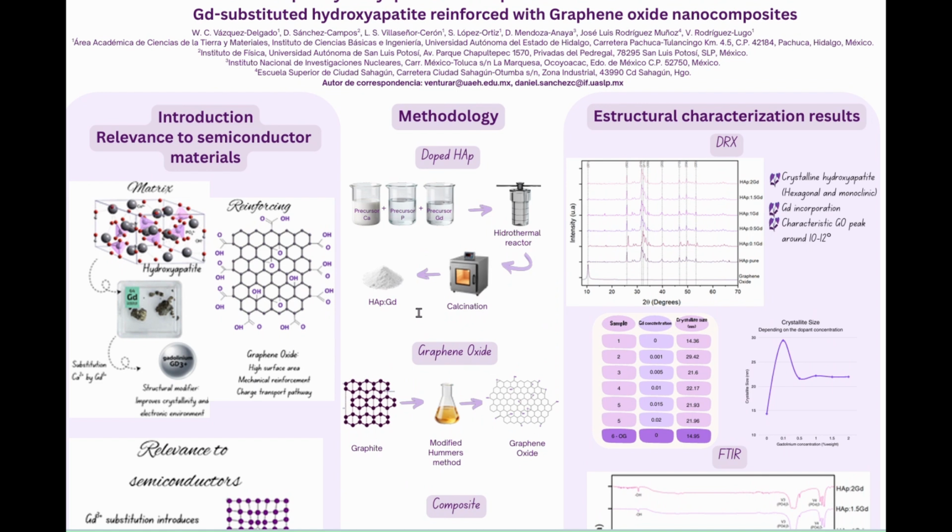On one side, the gadolinium-substituted hydroxyapatite was synthesized by a hydrothermal method and a calcination to obtain the dust of the hydroxyapatite. On the other side, graphene oxide was obtained from graphite using a modified Hummers' method.